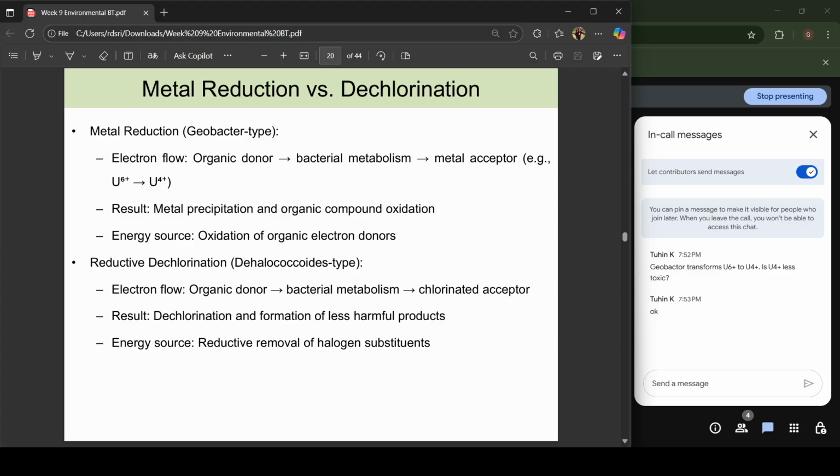Not only in uranium, in many metals, one of the oxidation states will be less mobile. So in one oxidation state, the metal will be highly soluble. So this solubility is very tough because when it is in a soluble state, we can't remove that metal from water systems, and it can also leach to nearby systems.